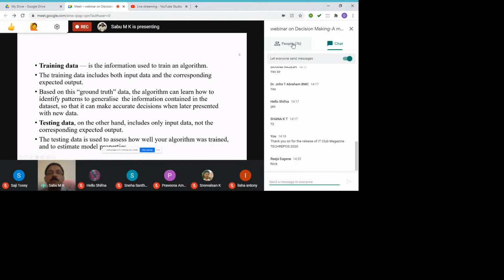But test data, on the other hand, includes only the input data. That is, features are there, independent variable values, x values are there, not the corresponding expected output. But that expected output is available in our hand, because we can compare after generating the output using the test data.